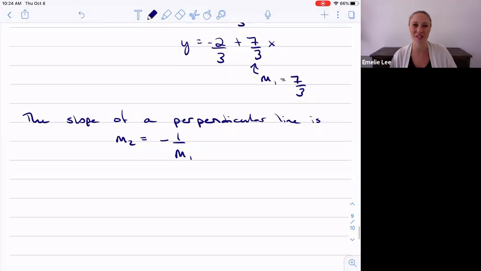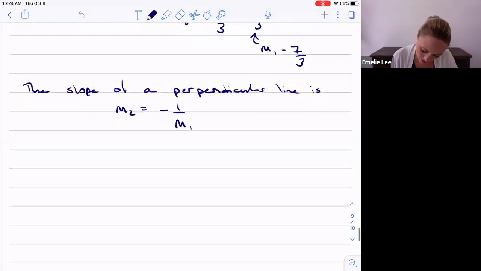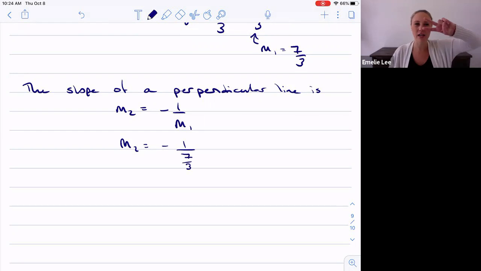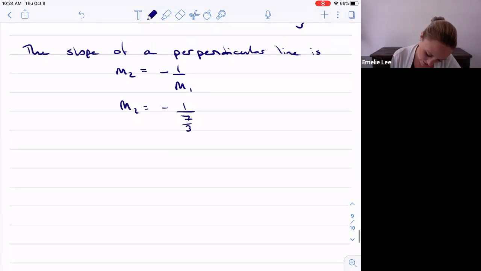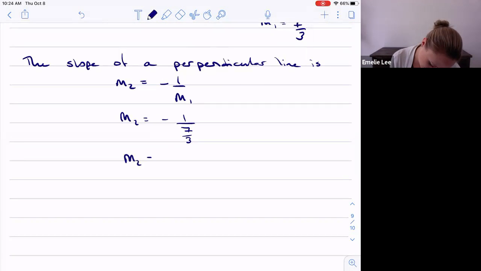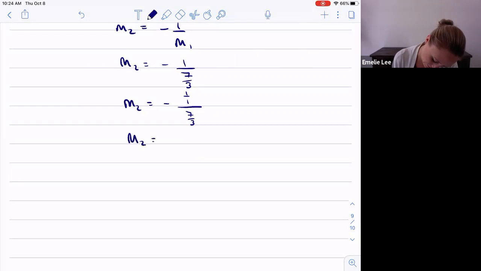Okay. Good thing we know how to deal with fractions, right? m2 is negative 1 over 7 over 3. Fraction over a fraction, right? Flip and multiply. And so we get m2 is, now just to illustrate, right, again, I'm going to stop doing this eventually, negative 1 over 1 over 7 over 3 is negative 1 over 1 times 3 over 7.